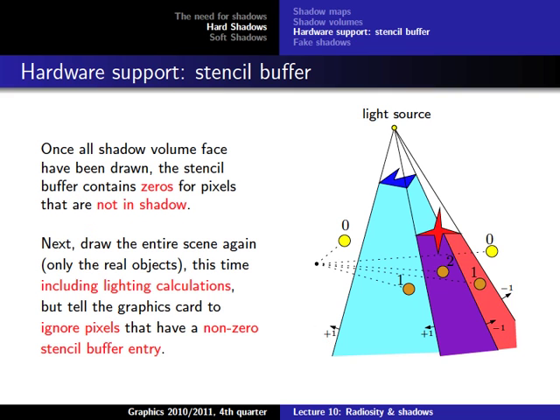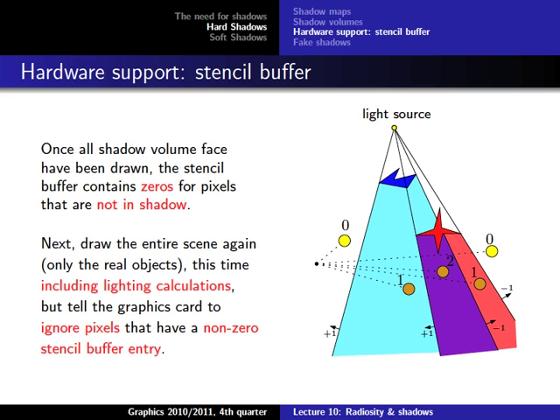And when we have done this with all of them, then of course the stencil buffer contains zeros for objects that are in the light, and a value larger than 0 when it is in a shadow. And of course this is intuitively clear.